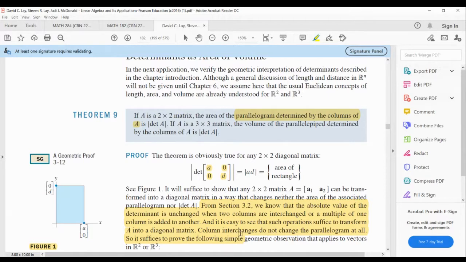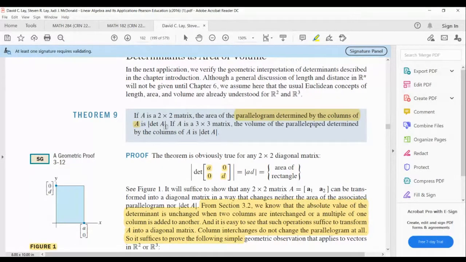What I'm going to show is the part where the area of a parallelogram is equal to the absolute value of the determinant of the matrix A, where the column vectors of A are the vectors that form the sides of the parallelogram.